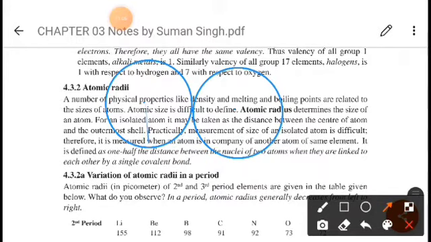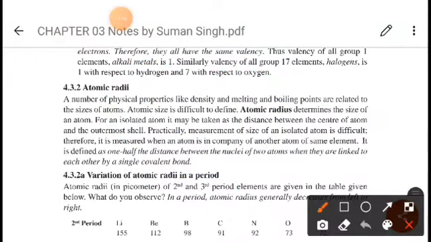We take one distance here, suppose this, and from here suppose this, and the distance will be this. This will be the metallic radius. So it is half of the internuclear distance separating the two adjacent metal atoms in a metallic lattice. I hope you have understood what this metallic radius is. Now we will see covalent radius.